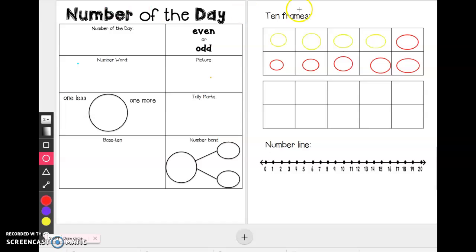Now, when we look at that 10 frame, we can see that it's full, can't we? So we could easily see that 4 plus 6 more fills up that 10 frame, so we know 4 plus 6 equals 10.